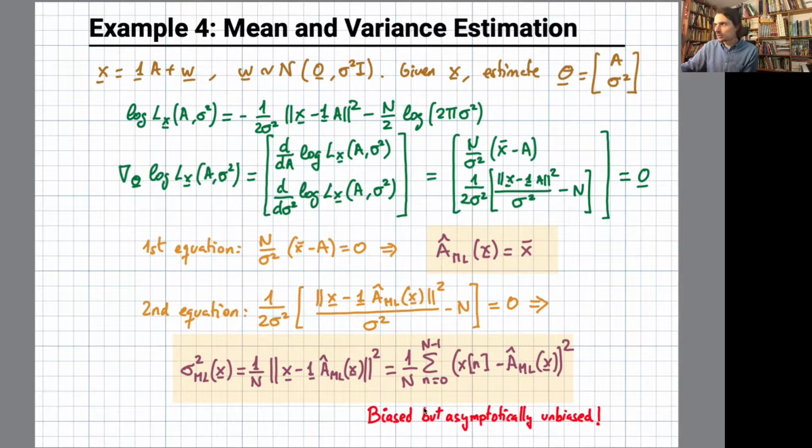It is remarkable to say, though, that this estimator is not unbiased, right? The estimators that we have seen before were unbiased, but this one can be shown to have a non-zero bias. This is done in a homework. But there is a simple way to scale it so that it becomes unbiased.